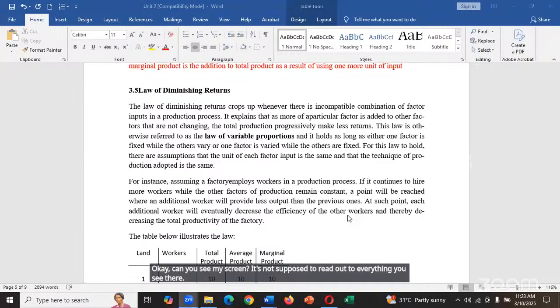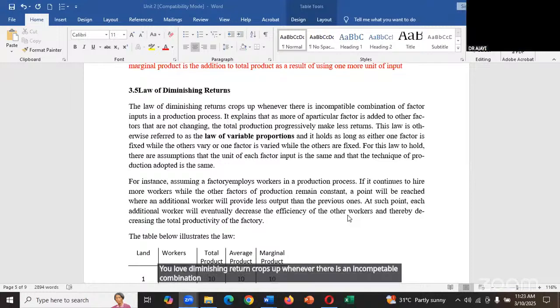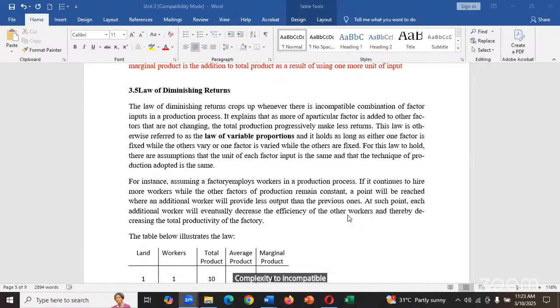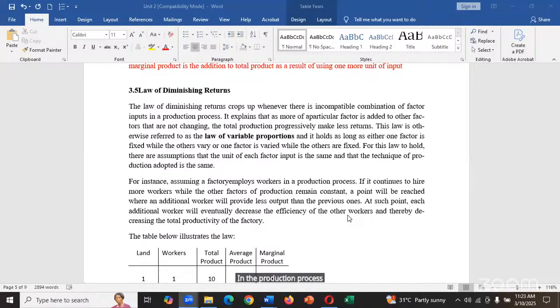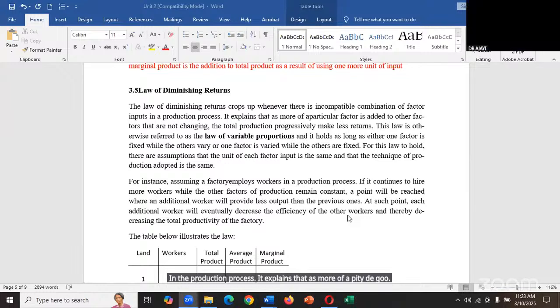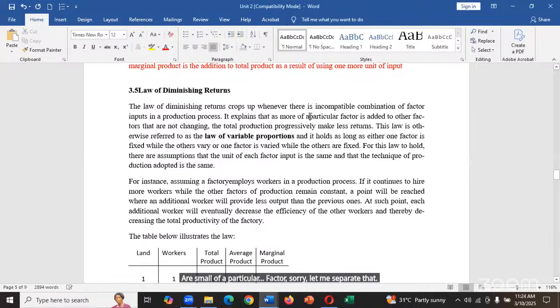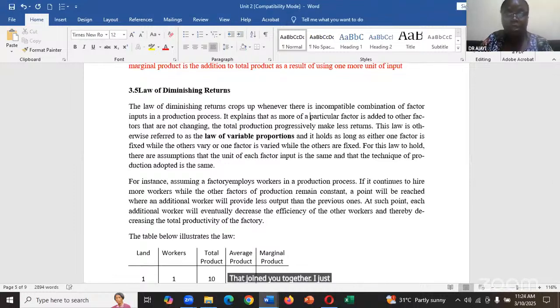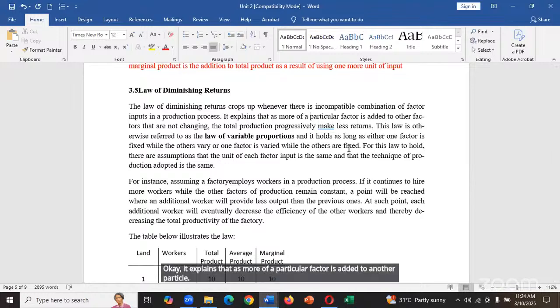Please help us to read out everything you see there. The law of diminishing return crops up whenever there is an incompatible combination of factors input in a production process. It explains that as more of a particular factor is added to another factor that is not changing, the total production progressively makes less returns.